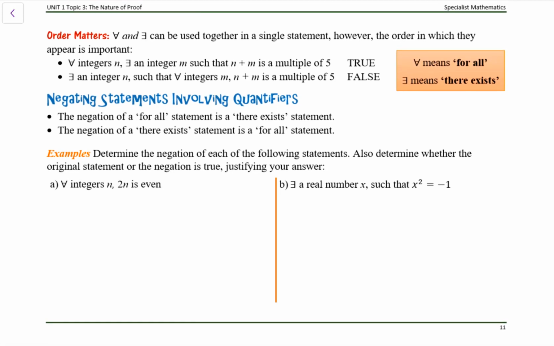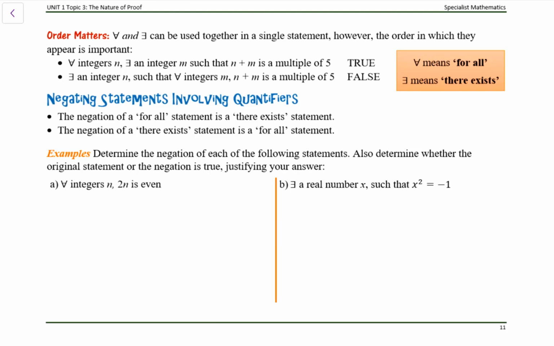Now note, order matters. For all and there exists can be used together in a single statement. However, the order in which they appear is important. So for all integers n, there exists an integer m such that m plus n is a multiple of 5. Now that's true. We could find one single example of that.